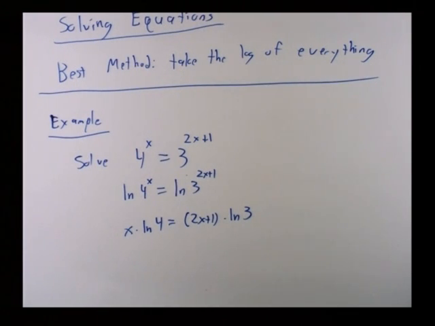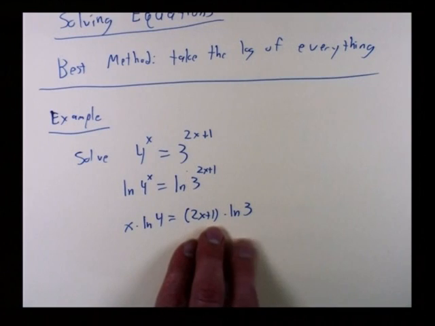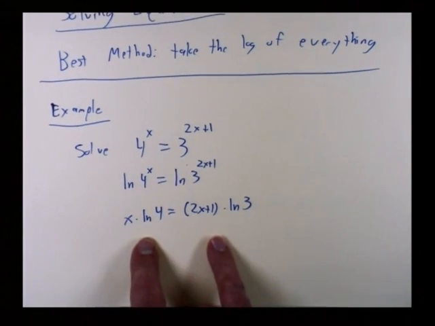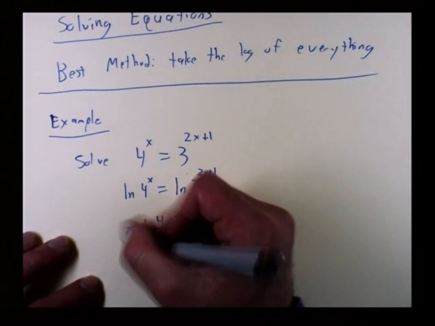We need to get x by itself. Take a moment and look at this. It's a little tricky the first time you see it. It's nothing we haven't done since Algebra 1. It looks a little trickier because now we have natural logs. If we want to get the x's by themselves, all the x terms have to go to one side of the equation, all the other terms have to go to the other, and the best thing to do here is first distribute the right-hand side.